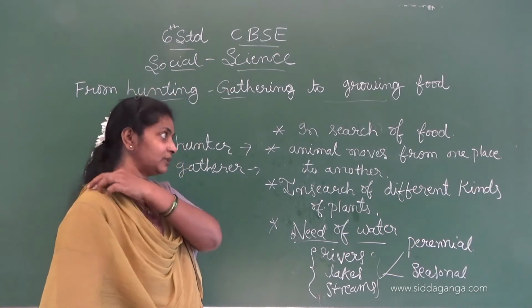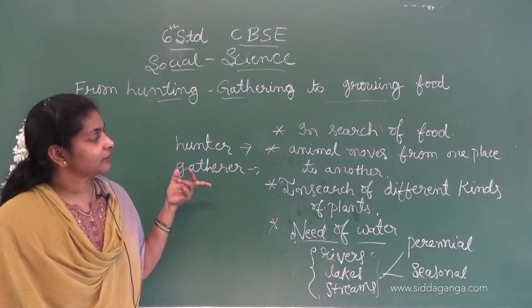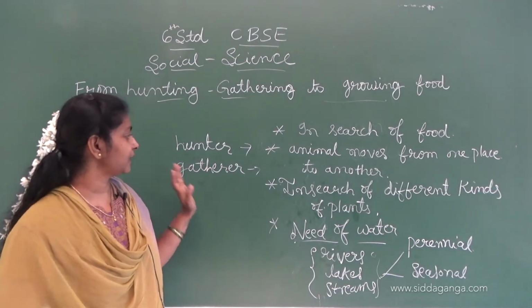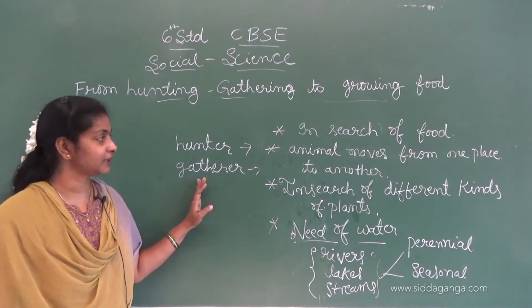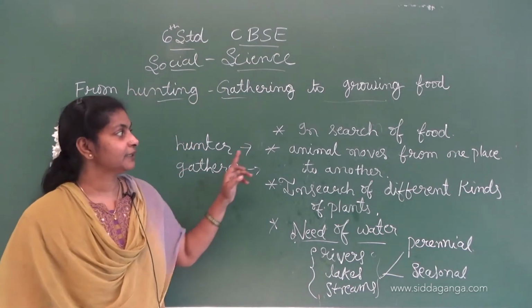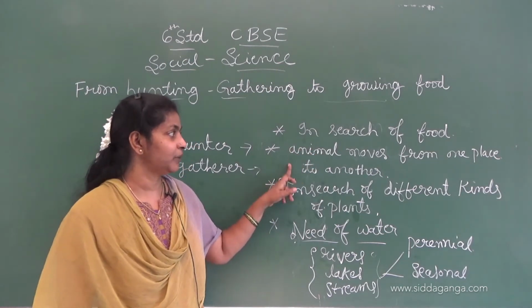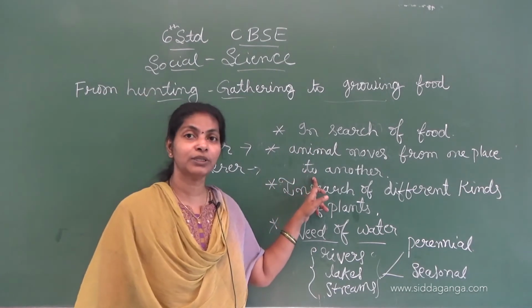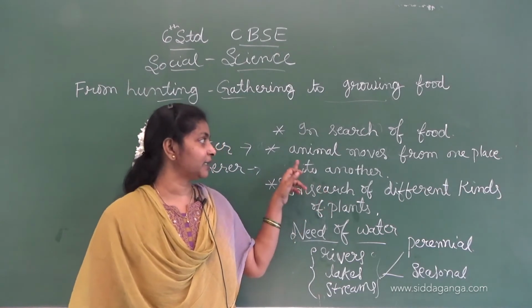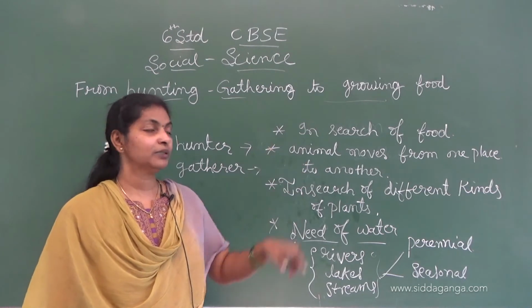Let us learn once again. Okay, the main points: the hunters and gatherers moved from one place to another. There are so many reasons. Among them, the important reasons were, first, in search of food. Second, animals move from one place to another, and with these animals, the hunters and gatherers also moved.